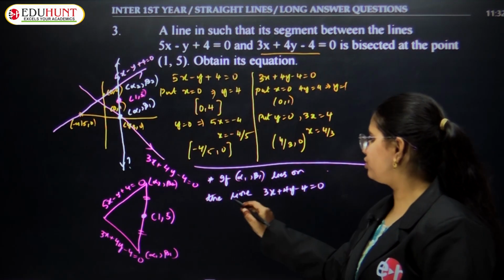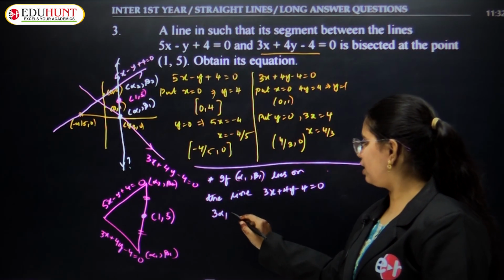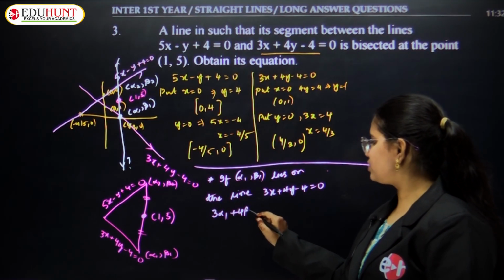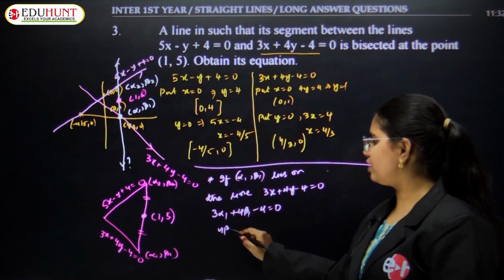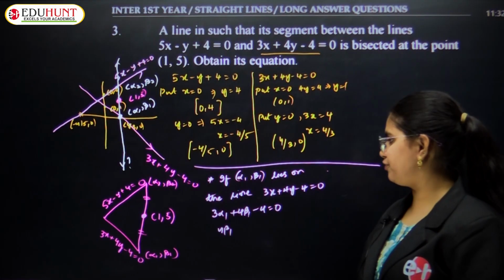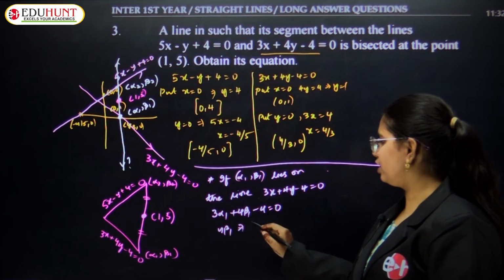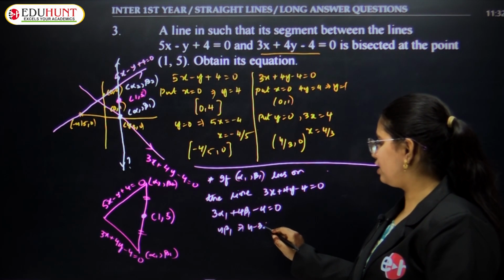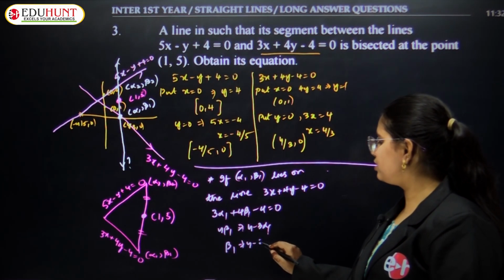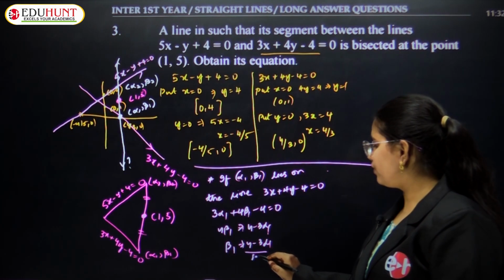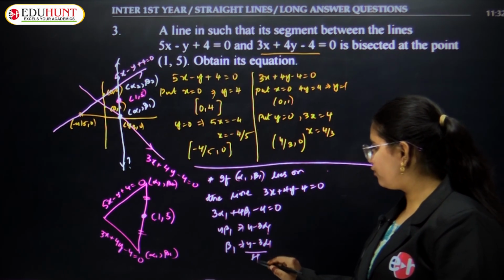Let us substitute: 3 alpha 1 plus 4 beta 1 minus 4 equal to 0. Suppose I want to find the value of beta 1 from this. Then beta 1 is equal to (4 minus 3 alpha 1) divided by 4.